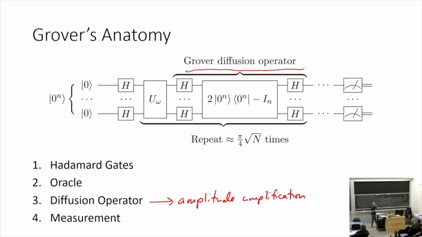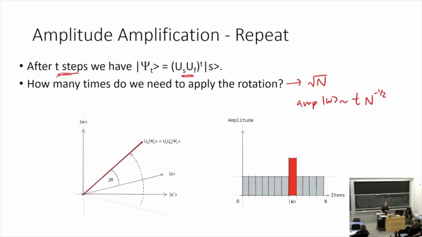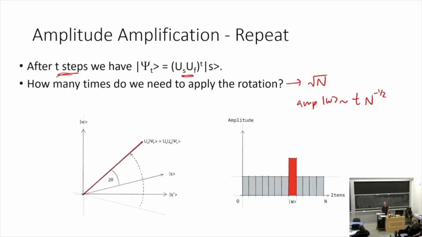We're going to apply it roughly square root of n times in order to amplify the amplitude of our marked state. And then we're going to measure. Good?